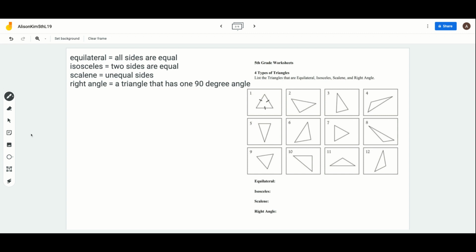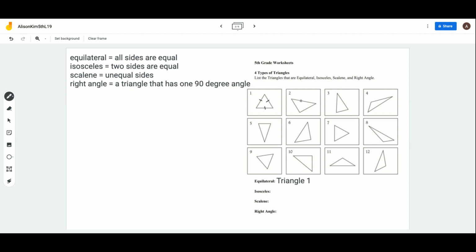So we can say that triangle 1 is considered an equilateral triangle.